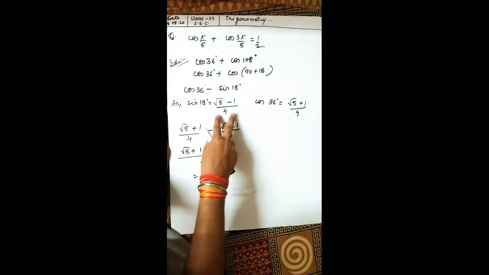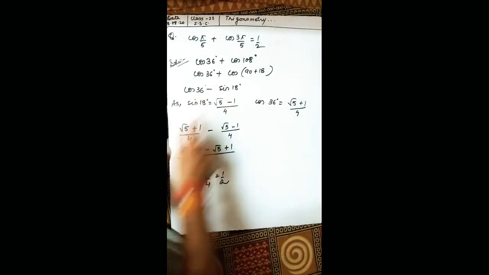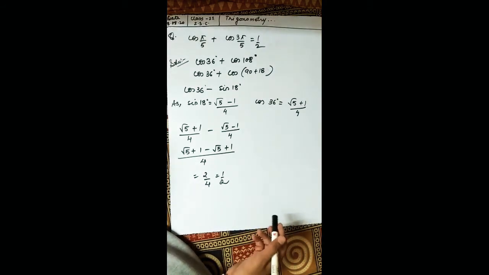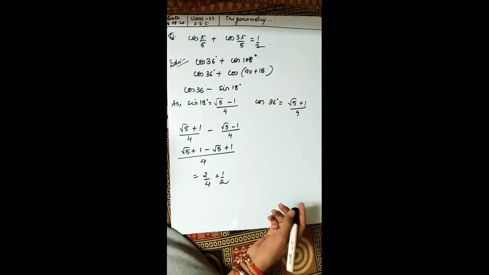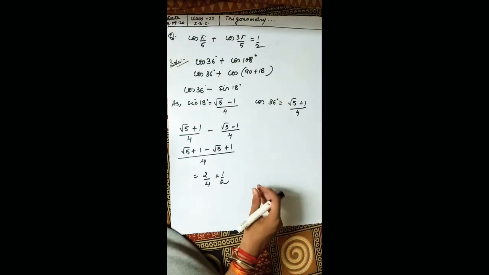So sin 18 degrees is this, and cos 36 degrees is this. After substituting the values, we'll get this as the answer. If you are talking about the 21st question of exercise 3.7, all the questions are the same. You have to use the values of these special angles, as well as in the 22nd question.